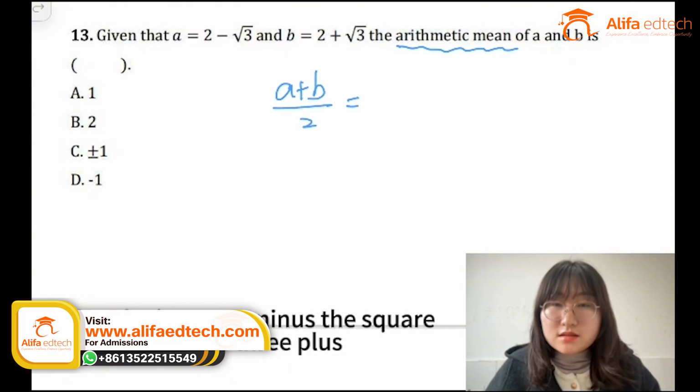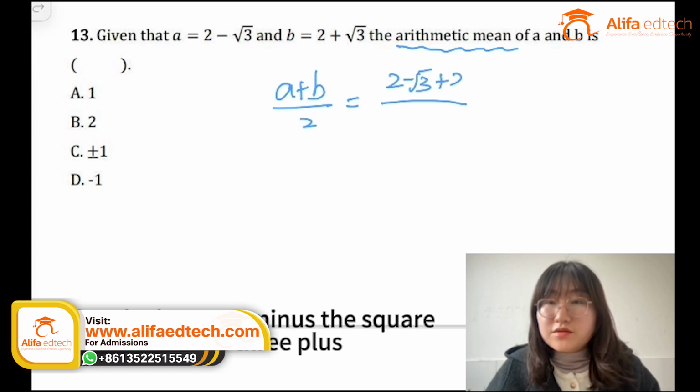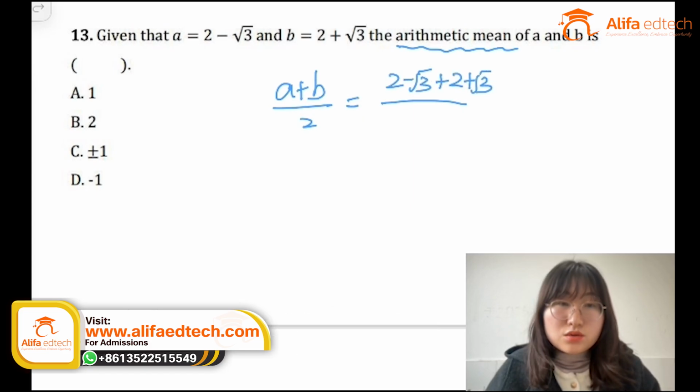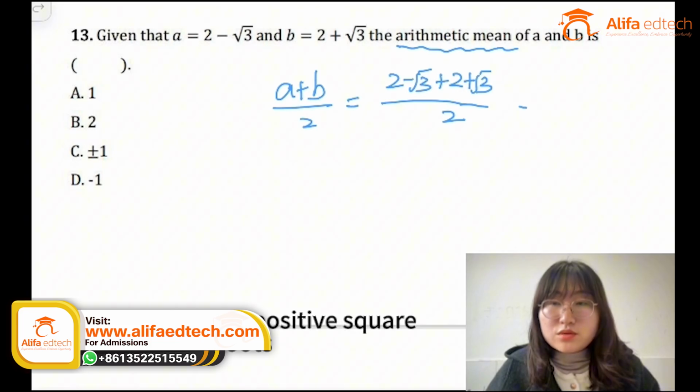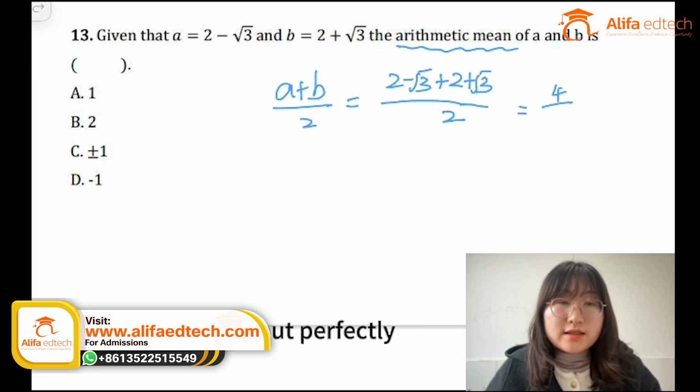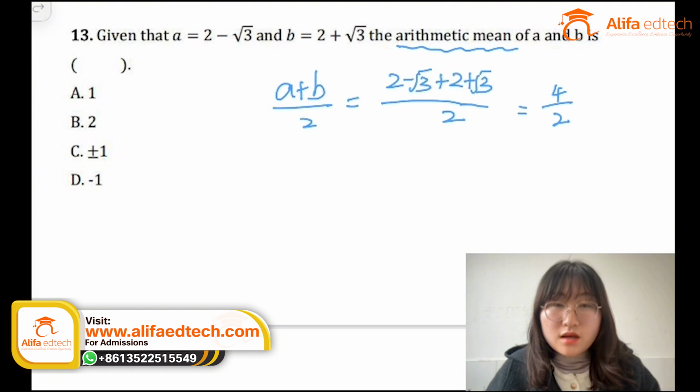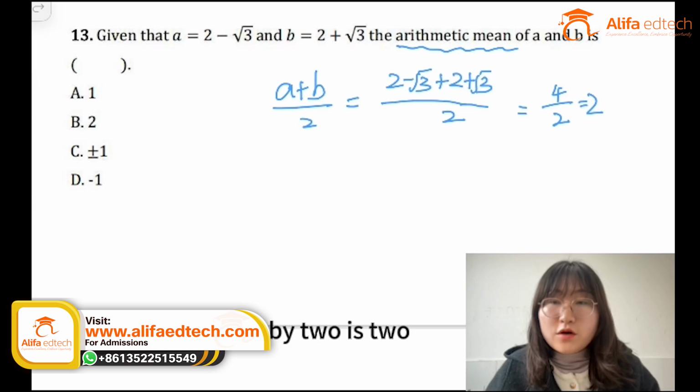Let's calculate (2 minus the square root of 3 plus 2 plus the square root of 3) divided by 2. The negative and positive square roots of 3 cancel out perfectly, leaving us with 2 plus 2, which is 4. Then 4 divided by 2 is 2. The correct answer is B.